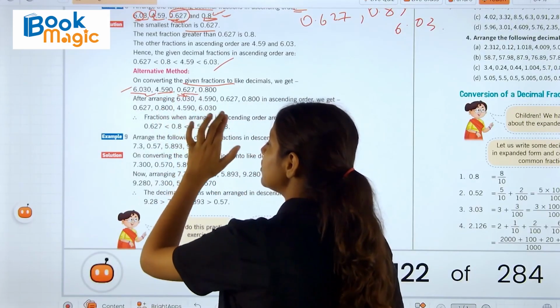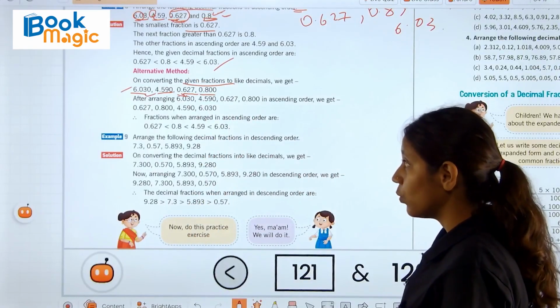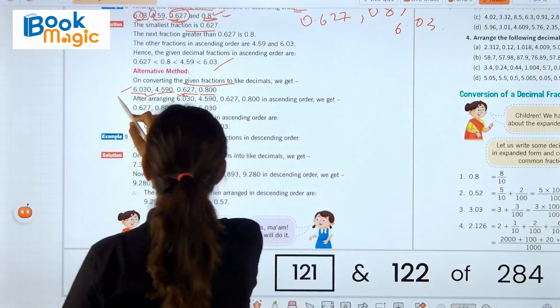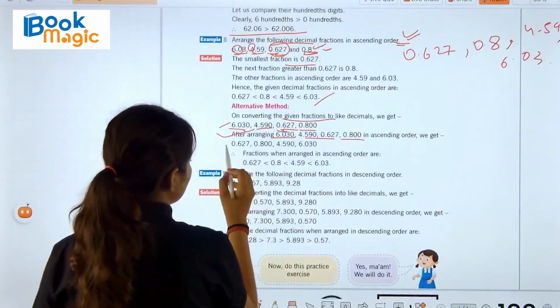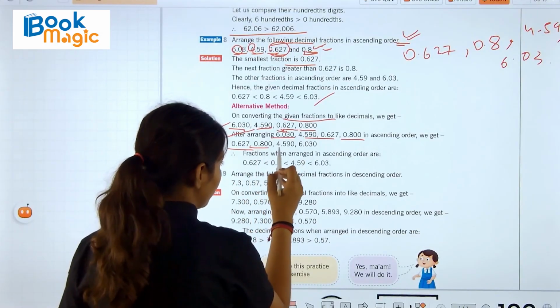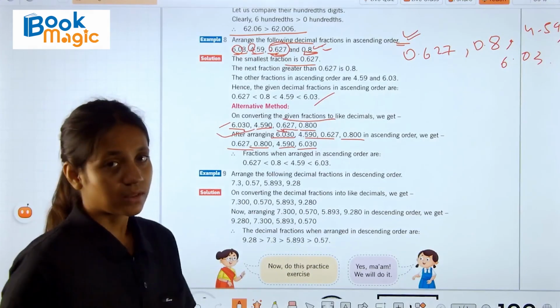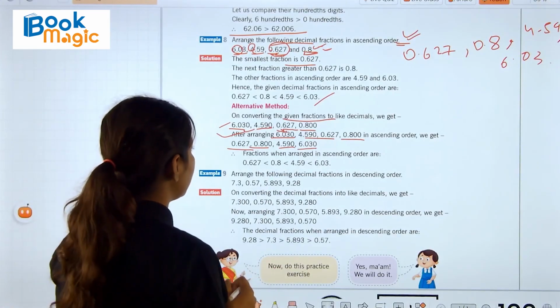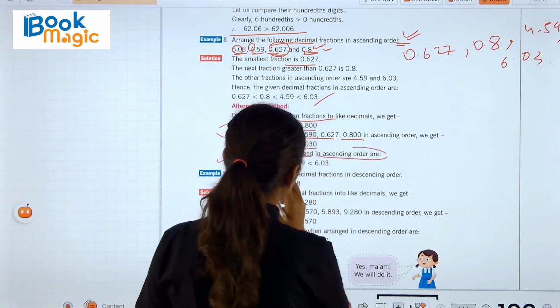Similarly 0.627 and 0.800. After arranging in ascending order, we are getting 0.627, 0.800, 4.590 and 6.030. This is how we can make them in ascending order. Hence, fractions when arranged in ascending order are these.